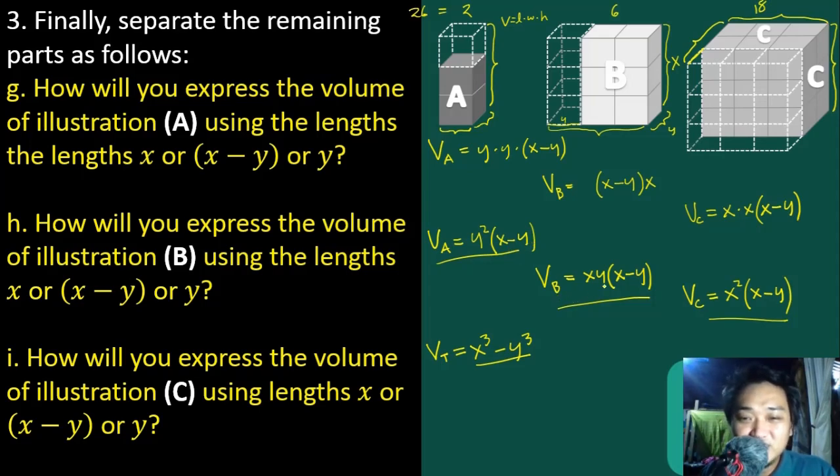Yung volume ni B is xy times the quantity x minus y. At saka yung volume ni C is equivalent to x squared times the quantity x minus y. Those are the dimensions. Now, let us try to figure out the relationship between these three volumes. Take note, the total volume, nung buo pa siya kanina, is just equivalent to the volume of A plus the volume of B plus the volume of C.